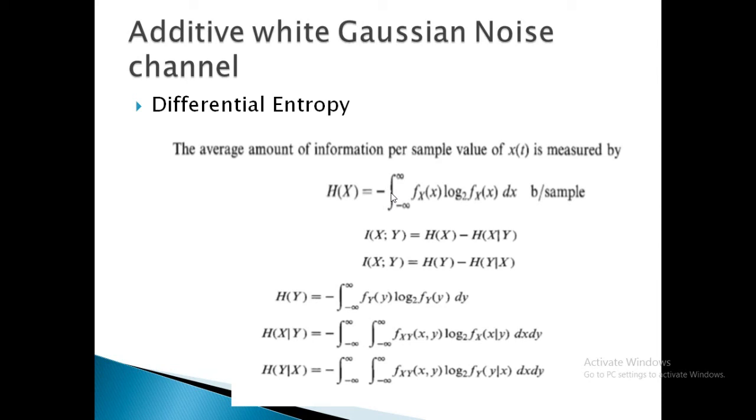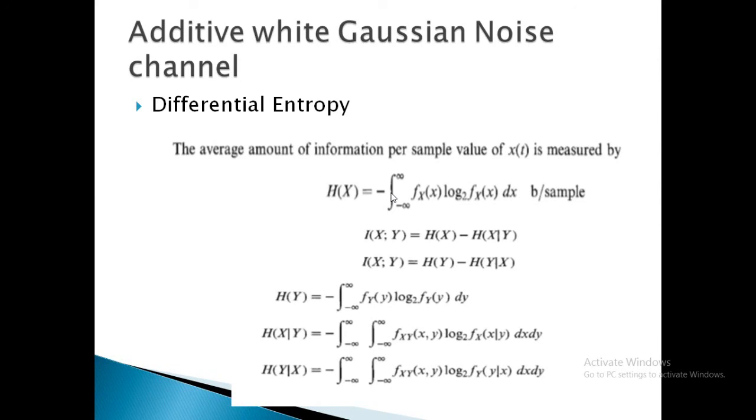We know that I of x comma y is equal to H of x minus H of x given y. I of x comma y is also equal to H of y minus H of y given x. H of y is the output entropy. It is equal to the output differential entropy. It is equal to minus the integral from minus infinity to plus infinity of f of y log base 2 of f of y dy.